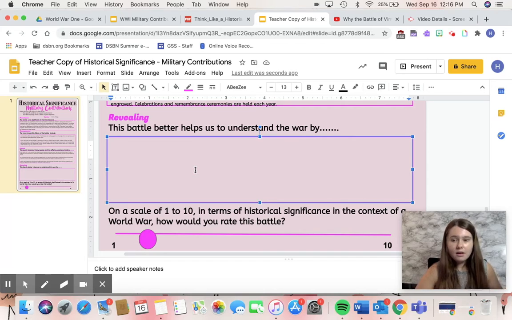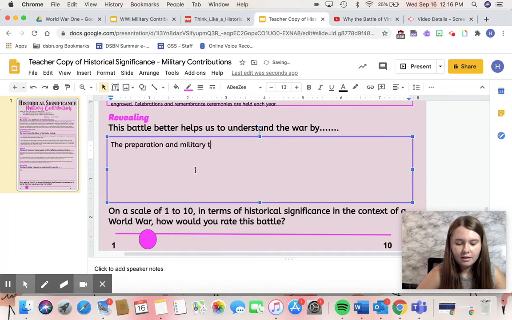In the document from the Veterans Canada, they talk about all the prep that happened leading up to the war. So we can pull specific evidence from this to talk about military strategy. So the battle better helps us understand the war by the preparation and military tactics that were used during trench warfare.